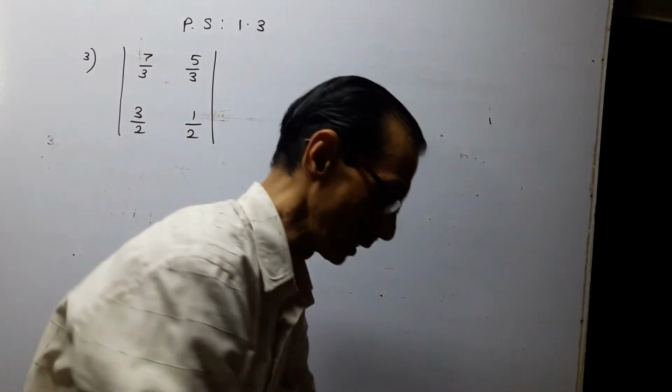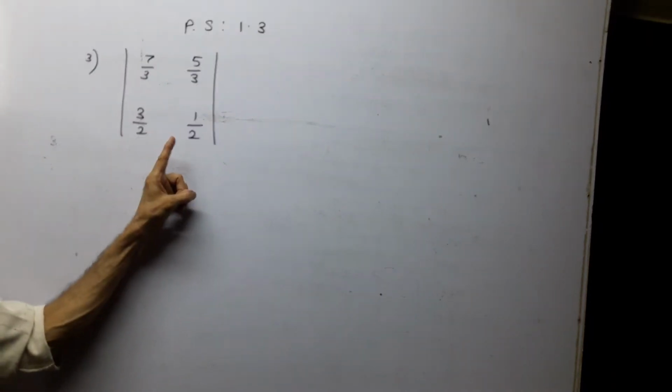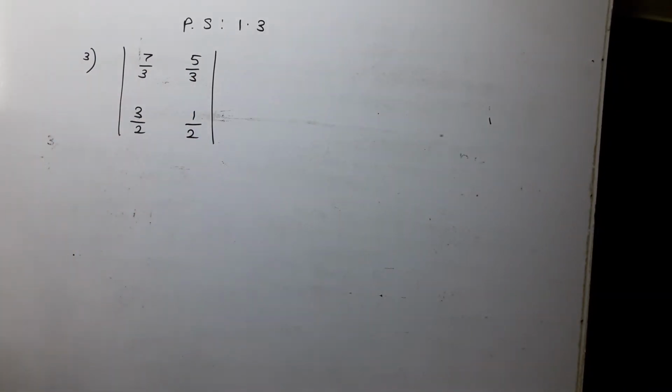Find the values of the following determinants. The third one is given this way. Here the numbers are in fraction. Whether the numbers are in fraction or integer, the rule will not change.